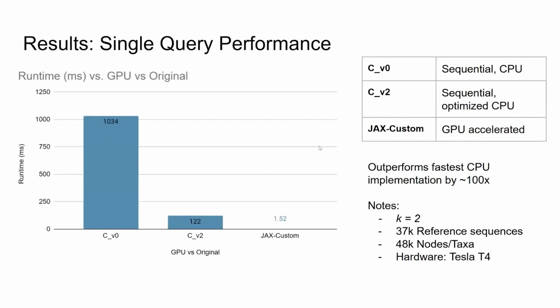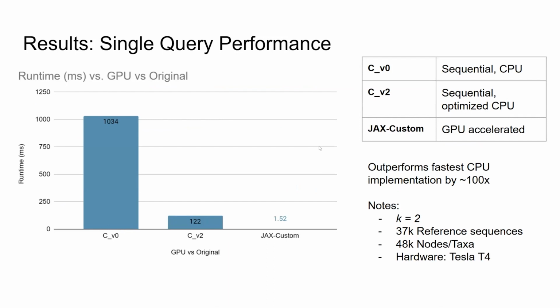So here I'm showing the results of PROTAX-GPU on a single query. In terms of the experimental setup, I have 37,000 reference sequences in a database, and I'm using k-nearest neighbors with k equals 2, and I'm comparing it against the original C implementations of PROTAX.